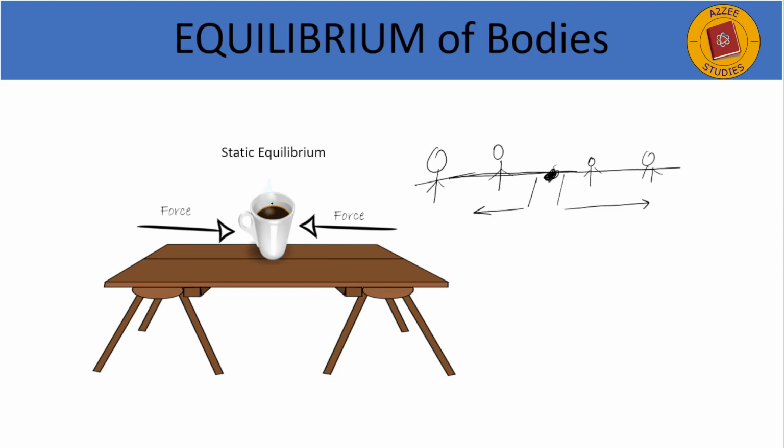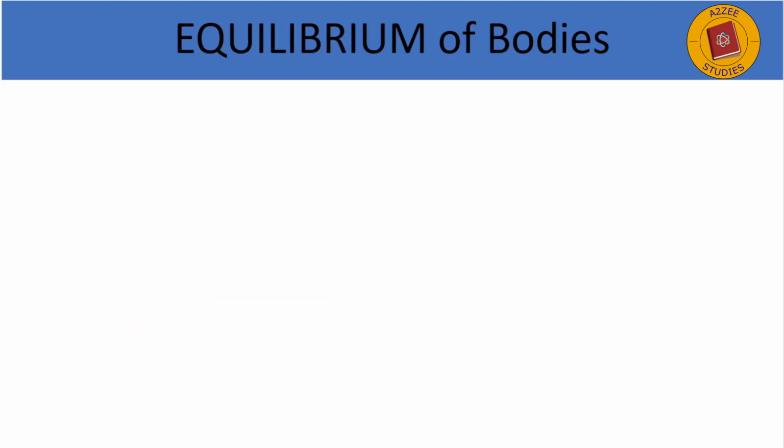For example, if we have a cup here and we apply a force of 10 Newton this way and a force of 10 Newton this way, you will see that the cup will not move. Right? So this is called static equilibrium.